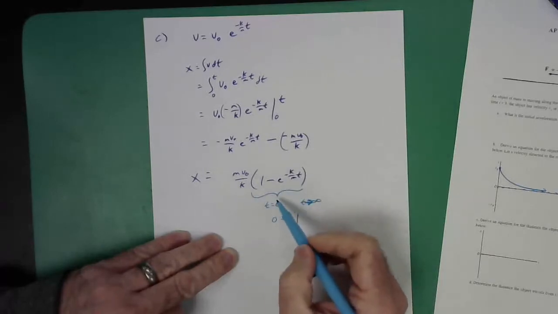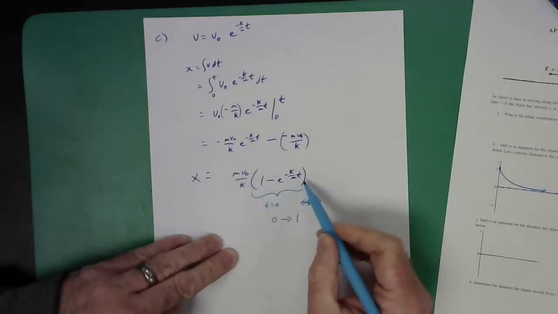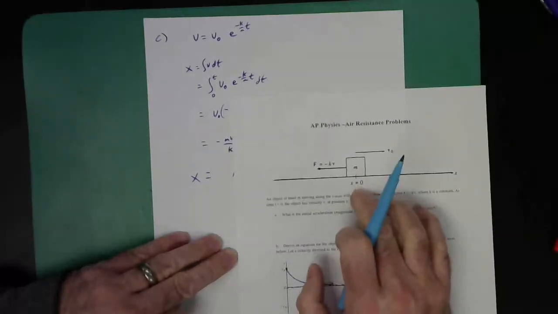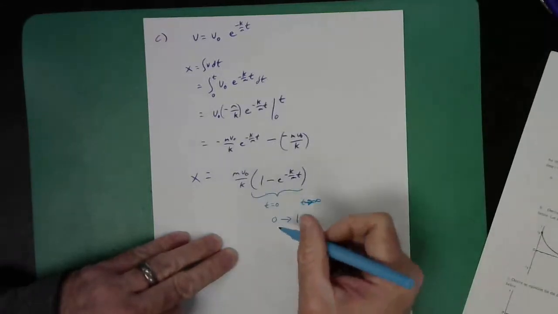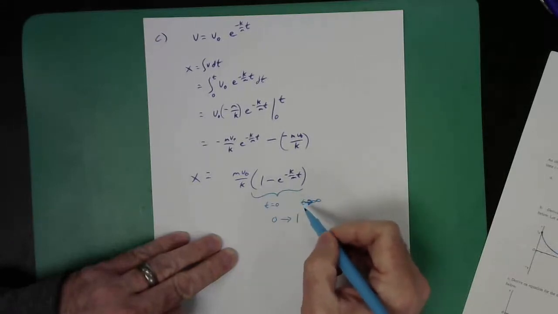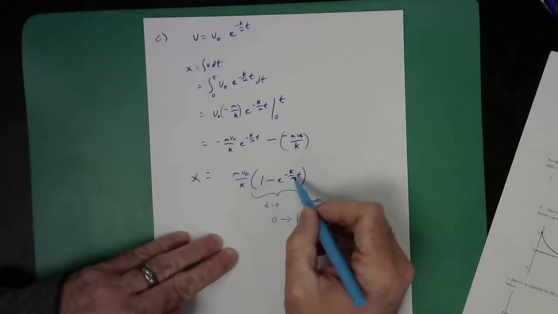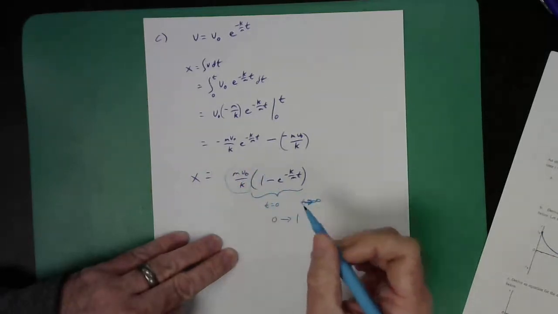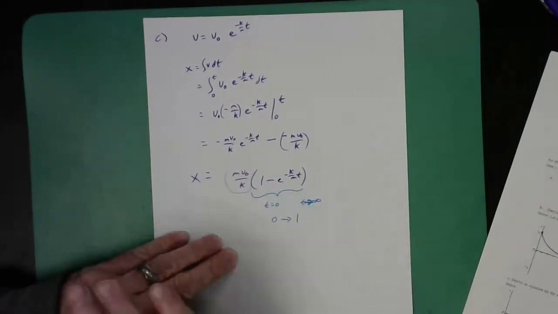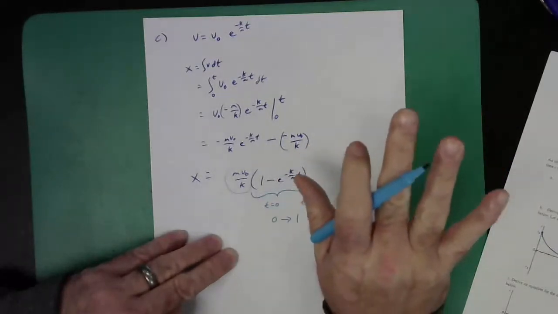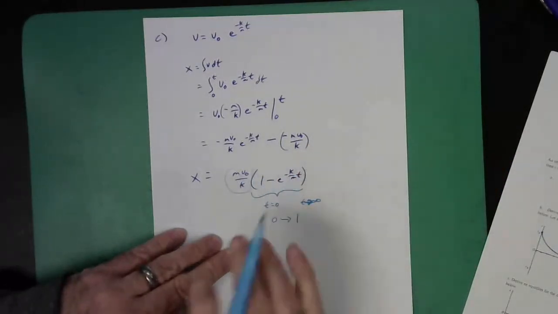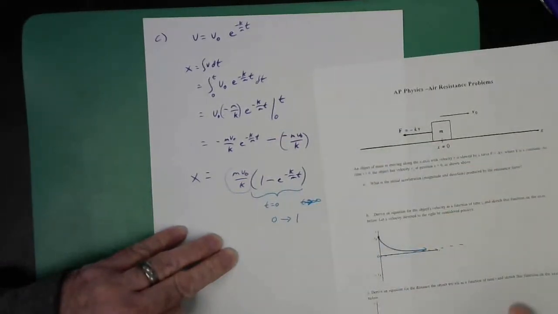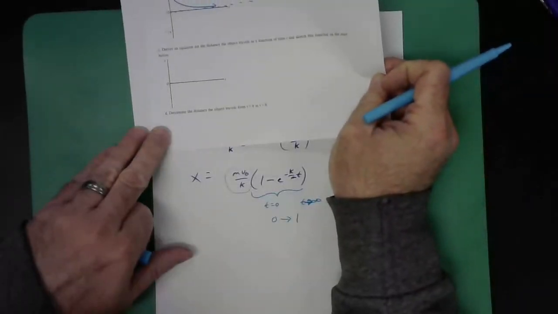So this is a decimal that goes from 0 to 1 for my position. At time 0, I was at 0 position, so that tracks. When time heads to infinity, this comes out to be 1. Guess what my final position is? m v naught over k. That's where I'm going to come to rest eventually as time heads to infinity. That's as far as I'm going to get before I get stopped by this resistive force. Which of course is the answer to part D.